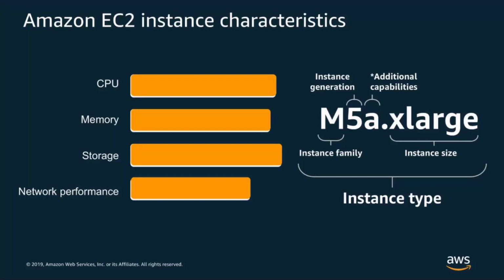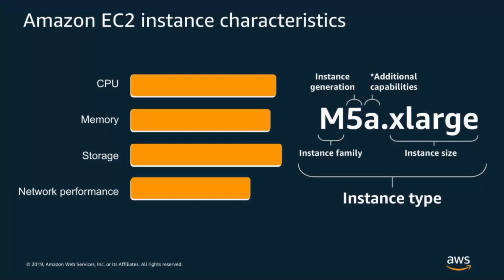So in this case, if you're interested in a multi-purpose or what we might call general purpose instance type, 5 is the latest generation of that instance type. So that's where you'd want to start looking at the different options in that family that meet your workload's characteristic needs. And then there are subscript letters, which talk about some of the additional capabilities. So the A here specifically talks about our AMD version of that family.